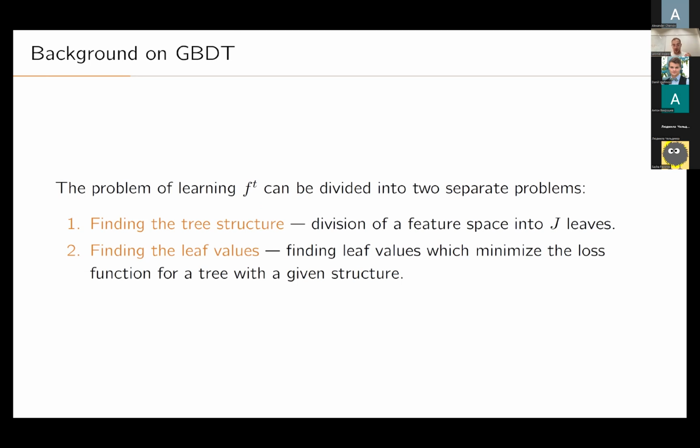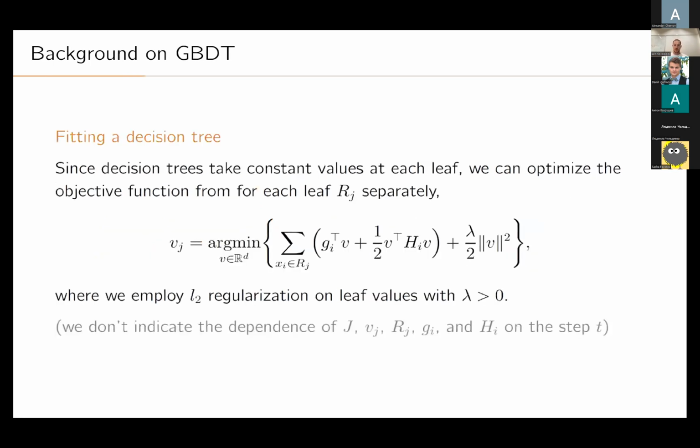We need to find a tree structure which is in a sense an optimal one. And the second problem is, for a tree with a given structure, we want to find leaf values. So first we need to find the tree structure, and then we need to find leaf values. Let's start with the second problem. Let's assume that we were given a fixed tree structure.